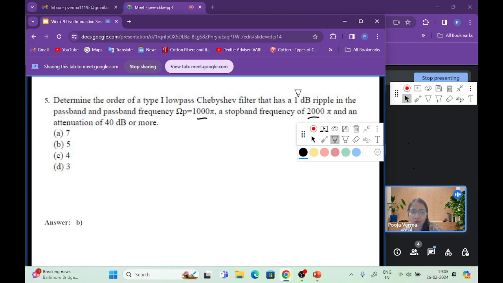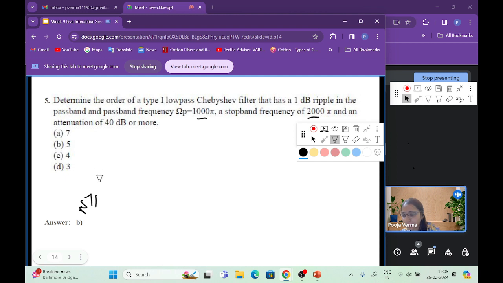First we need to change it from dB. What is the equation to find out the order of the Chebyshev filter?